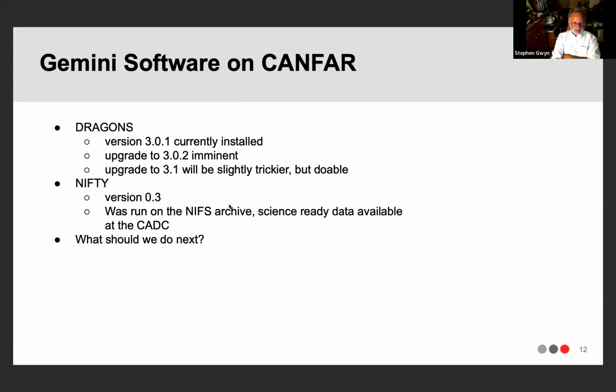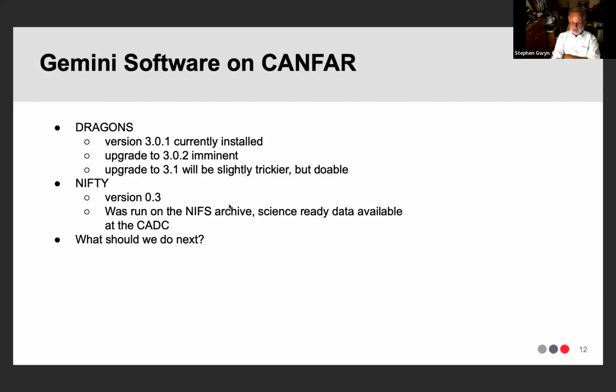And the question is, what should you do next? Is there some other software that the user community would like us to install? One of the other ideas I have is, now that we've got Dragons installed and a fairly sizable amount of compute resources, could we go through the entire GMOS archive, for example, process that, persist the results, and make that available to the community as science-ready data products?